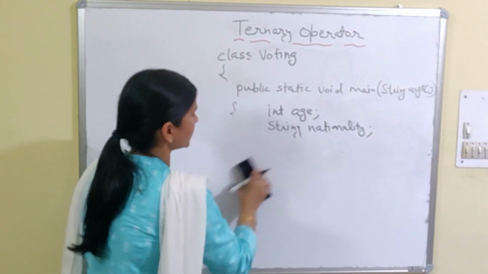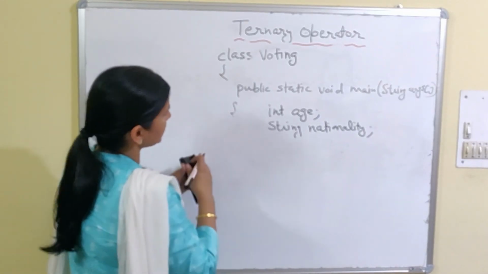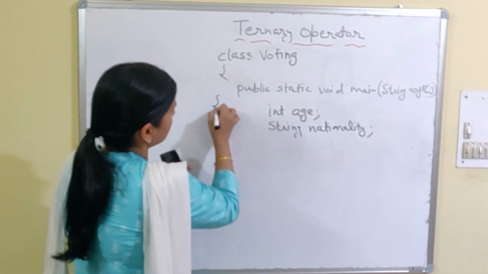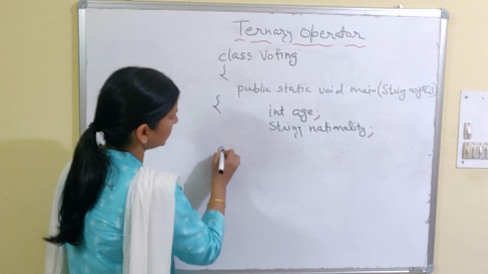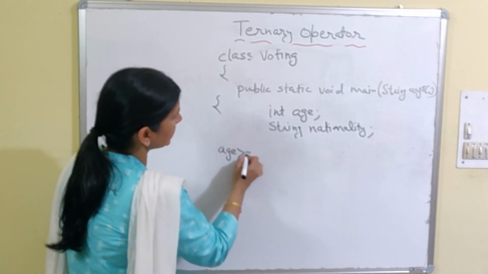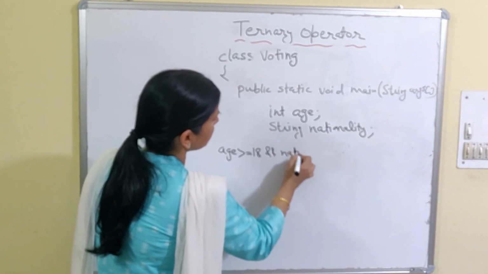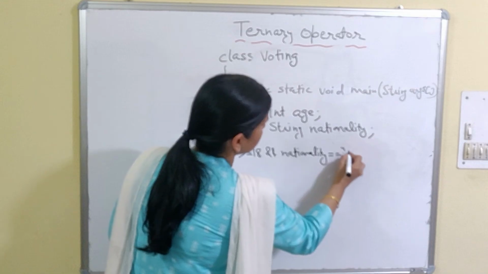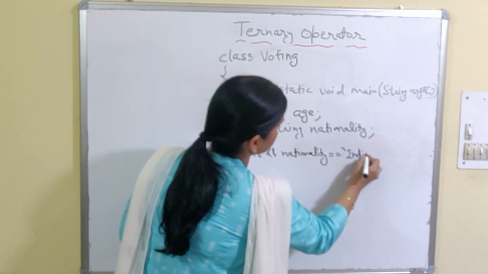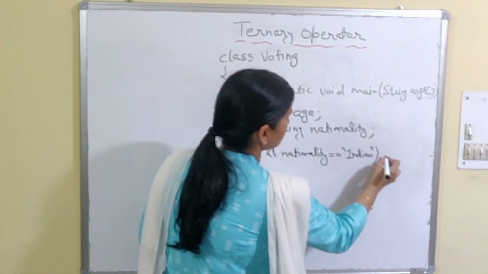This is the only condition. Fine. Now I'm starting writing from here, so we need space. Age greater than or equal to 18 and nationality equals Indian. Fine. This is the condition.